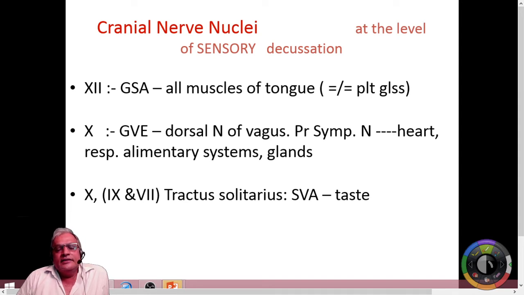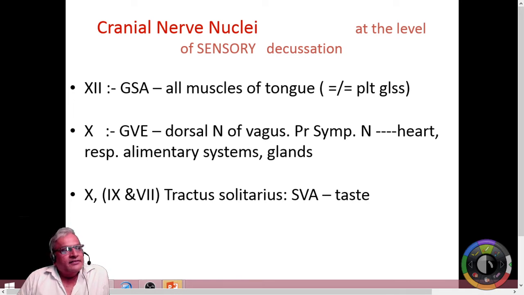Then you have the nucleus of the tractus solitarius. Now the tractus solitarius mediates the sense of taste. I have written X, that is the 10th cranial nerve, the 9th cranial nerve and the 7th cranial nerve. So the 9th, 10th and 7th supply the taste fibers to the tongue.